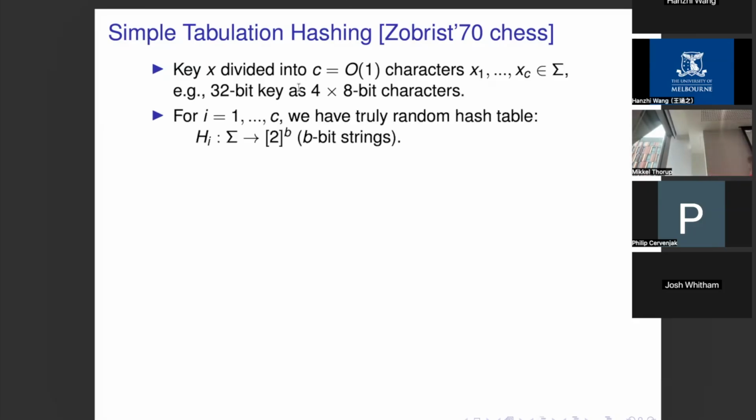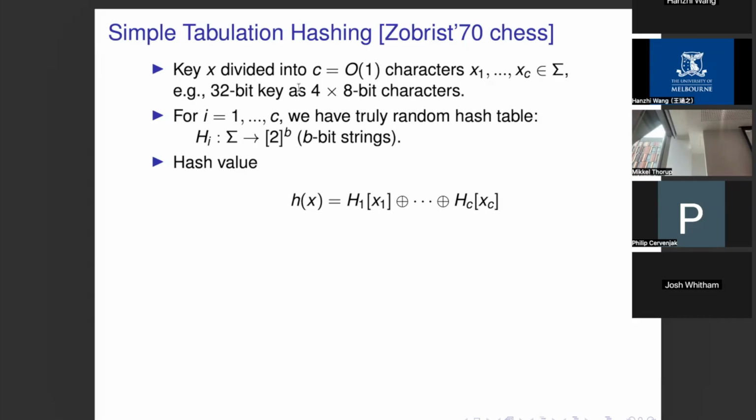And we will have a truly random hash table that maps characters to b-bit strings. As long as the alphabet is not too large, like 8-bit characters, only 256 values, then I can store a fully random table. And now the hash value is computed as the hash of each character, right? So for each coordinate I have a hash function h_i, a table, and I can just look up the hash value.